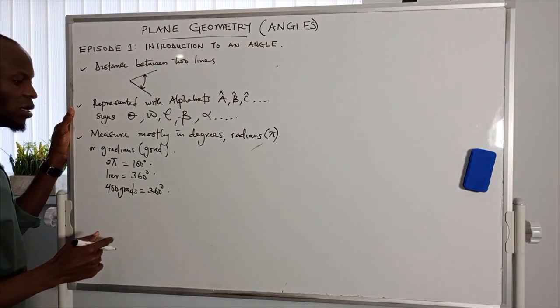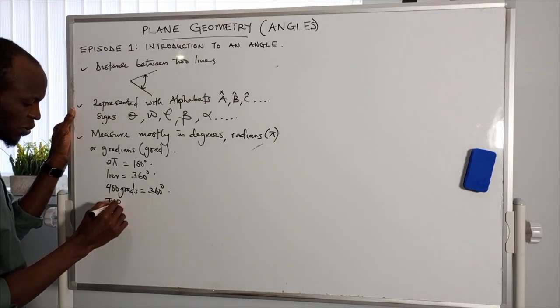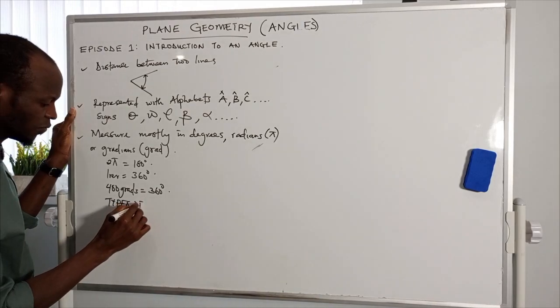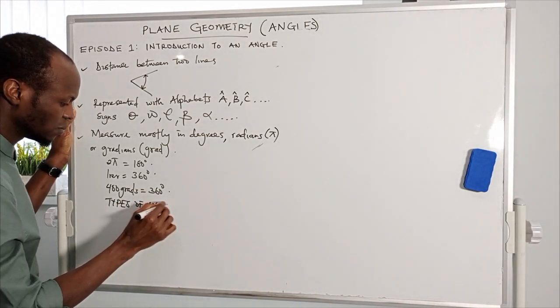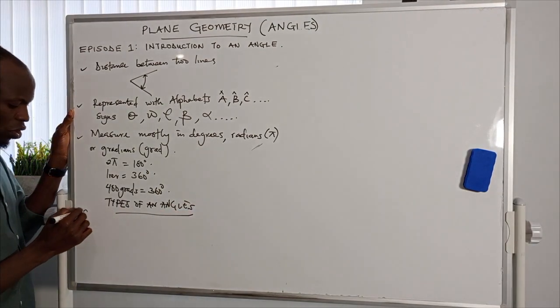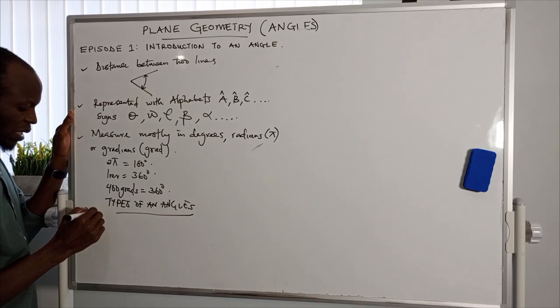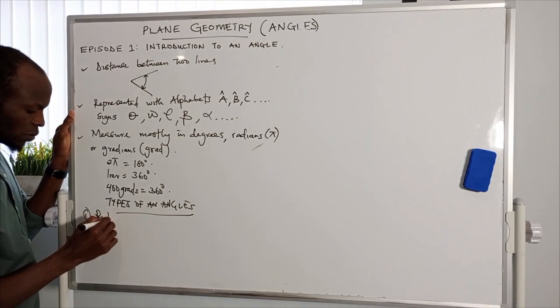Okay, now let's go to types of an angle. What are the types of angles? Okay, number one, we have what we call right angles.